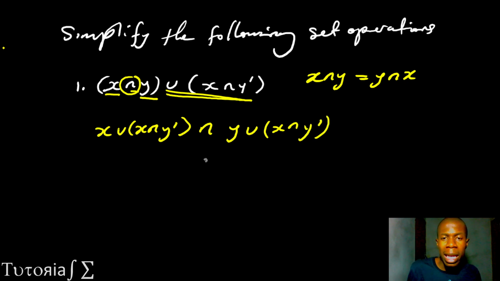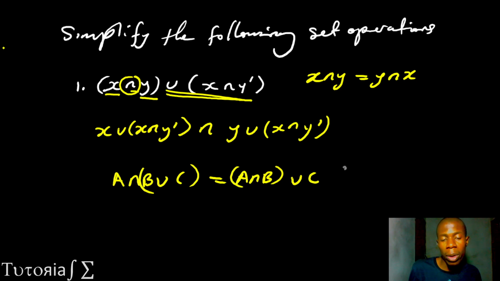Then from here we can use the grouping method. We know that A intersection B union C is the same thing as A intersection B then union C. So this is associative like that.